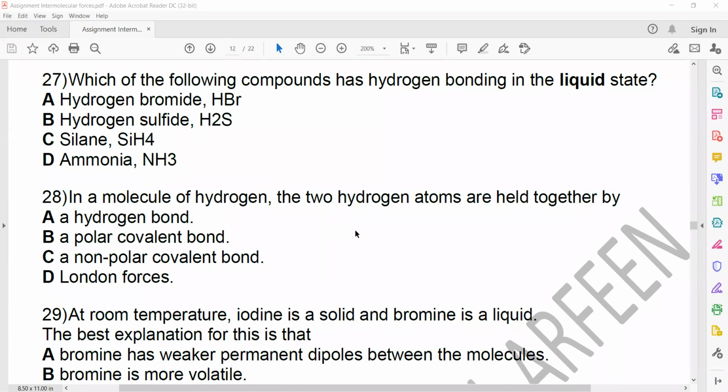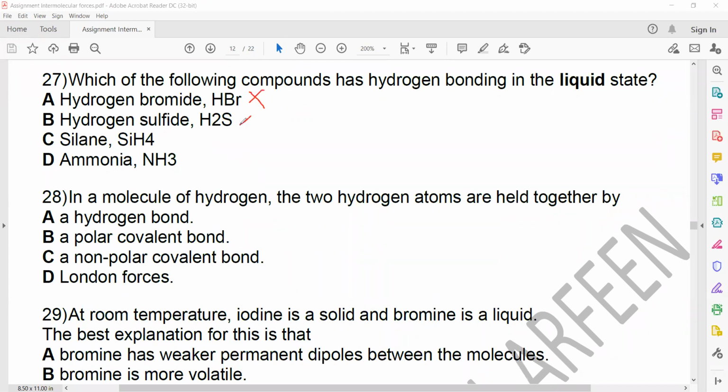In question 27, which of the following compounds has hydrogen bonding in a liquid state? So HBr, hydrogen bromide, because bromine and hydrogen do not have the same electronegativity, it will have dipole forces as well as dipole-induced dipole.